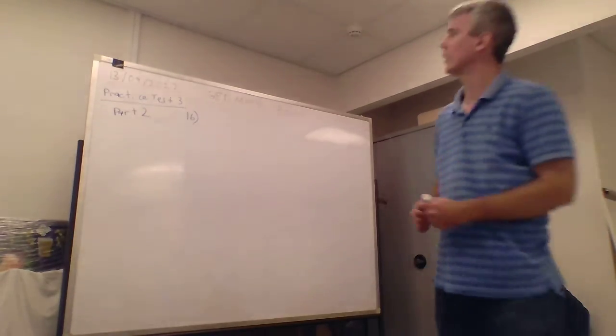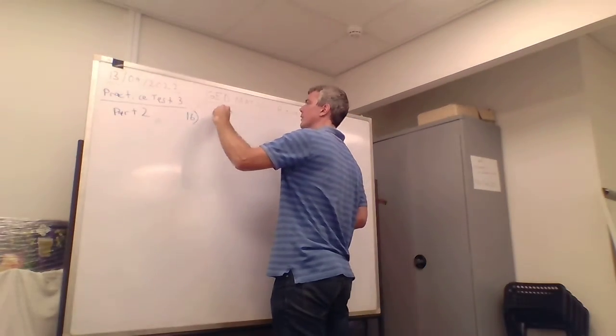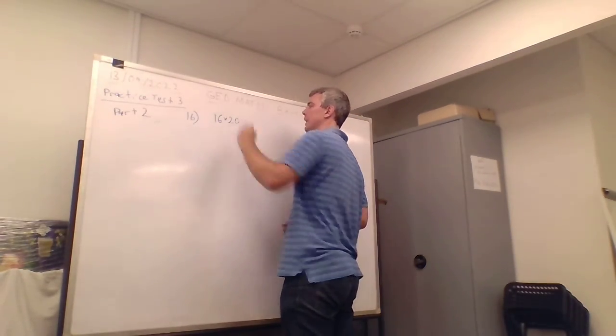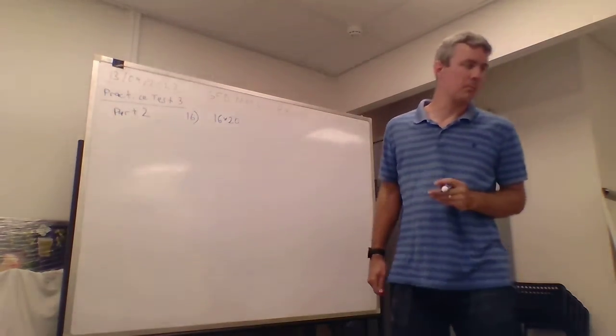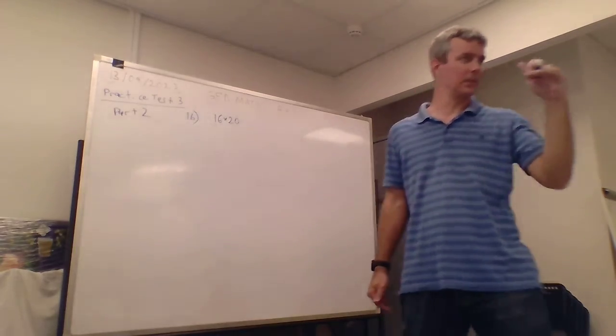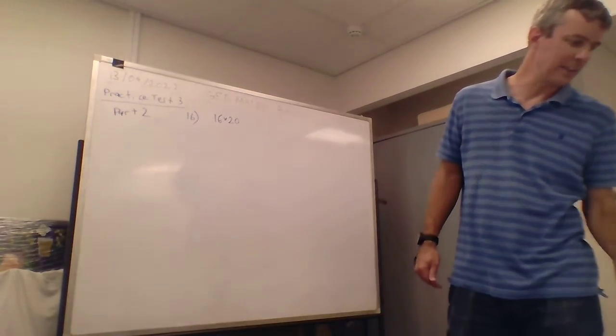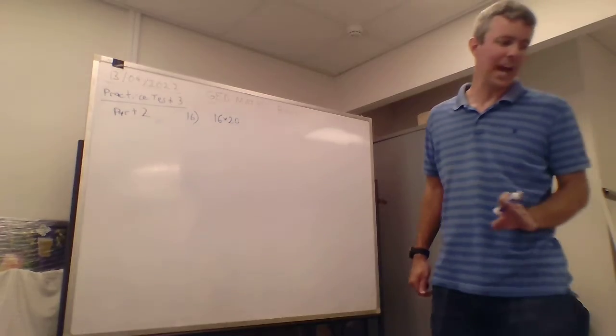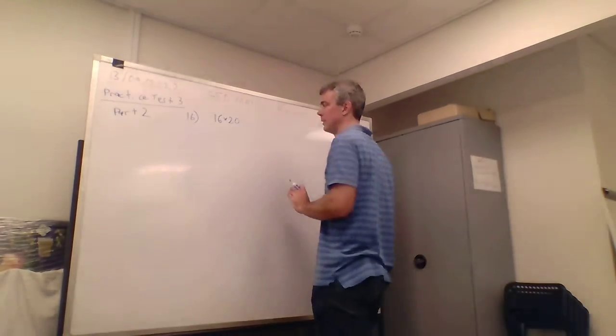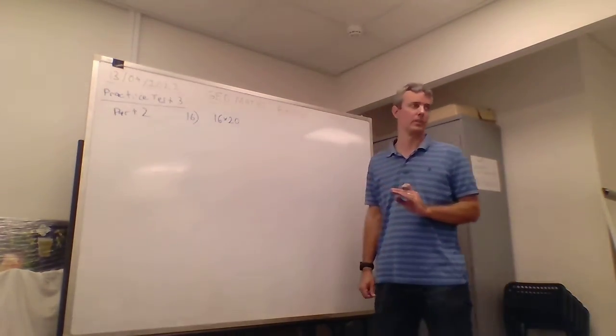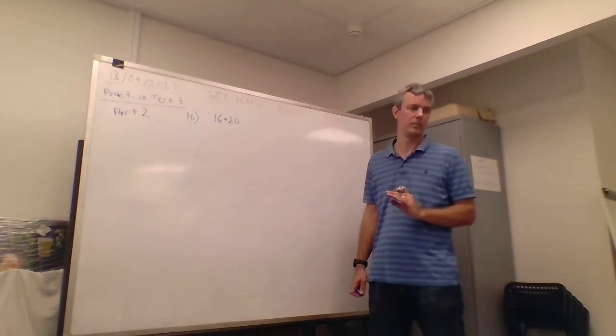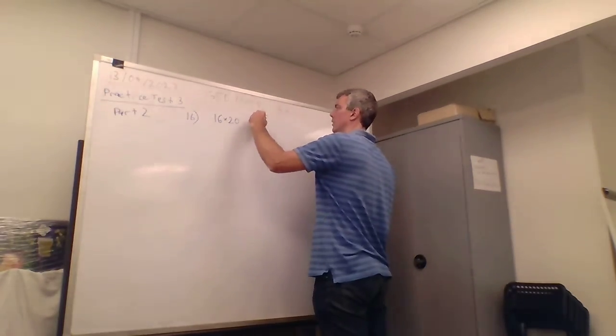Okay, so let's look on the chart. 16 by 20, and canvas, right? This is testing your ability to read the chart. What is the canvas price for 16 by 20? Canvas price is 11.65.